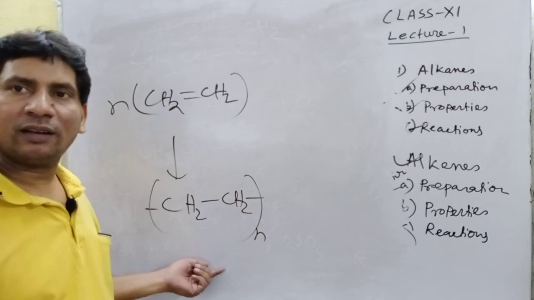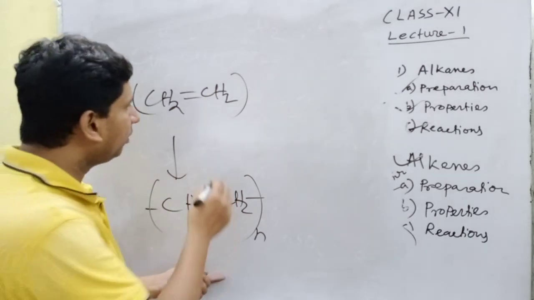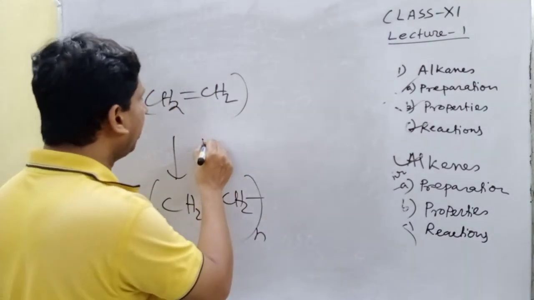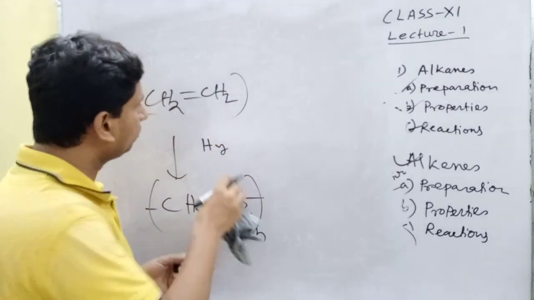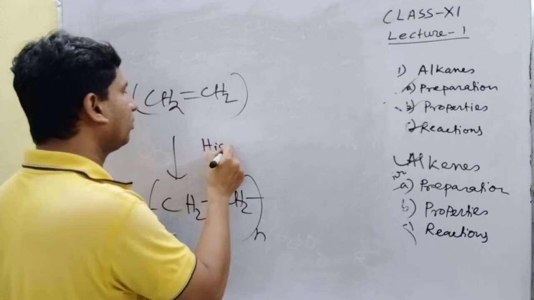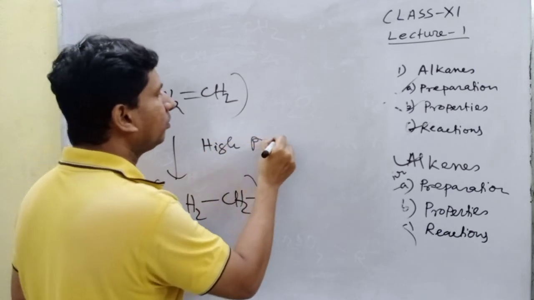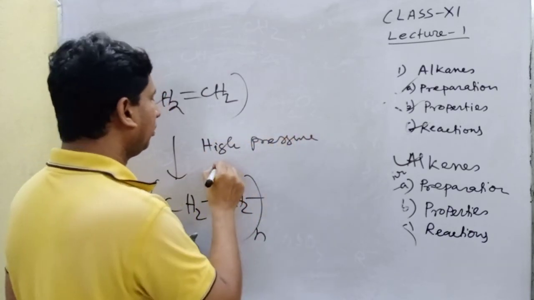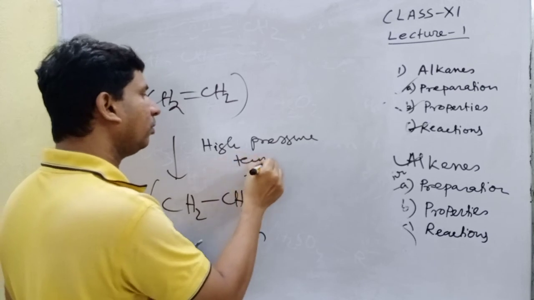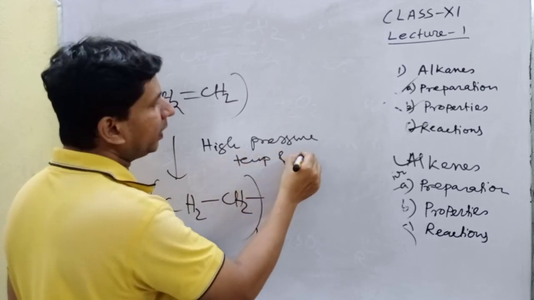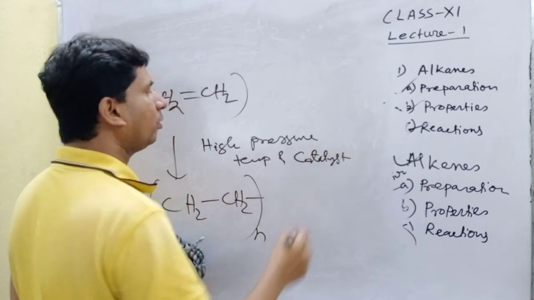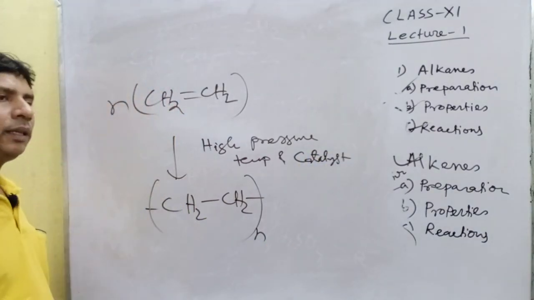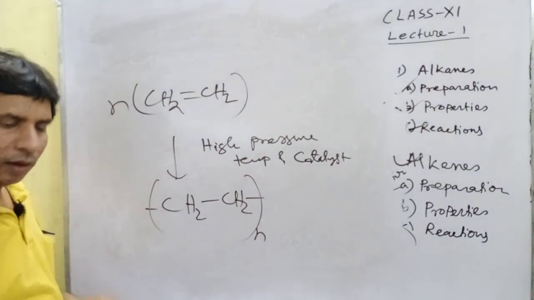In high pressure and temperature, in presence of a catalyst, ethene can polymerize. How?